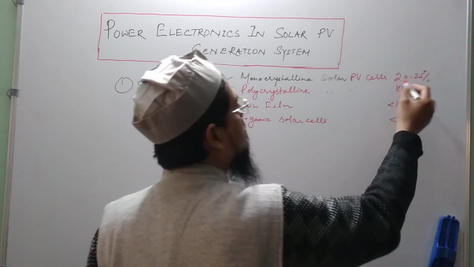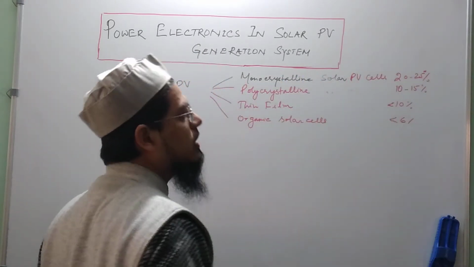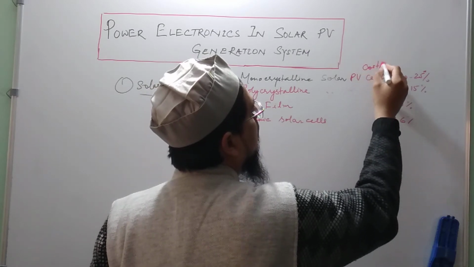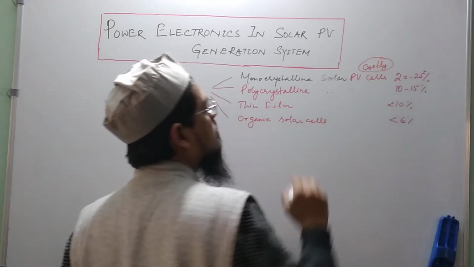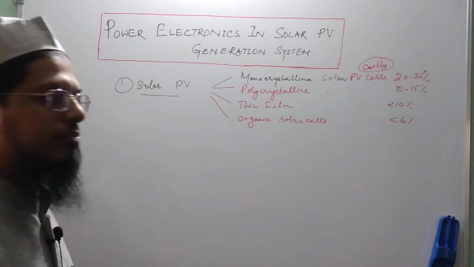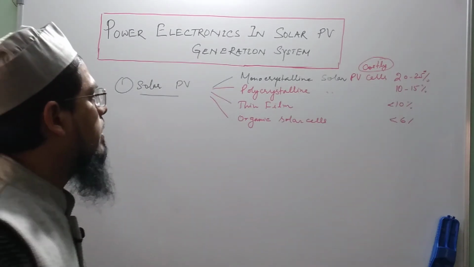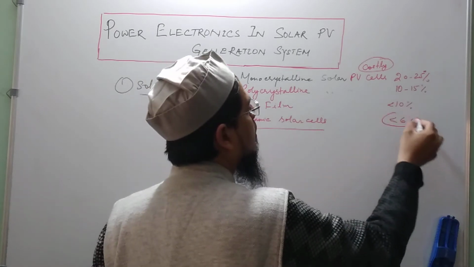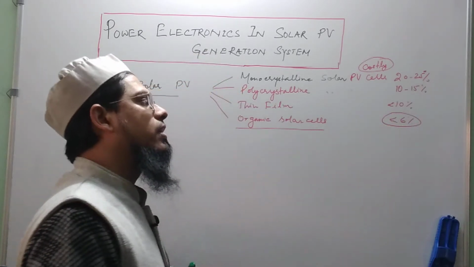So the highest efficiency is of monocrystalline technology, but it is the costliest. And that is the reason why organic solar cells are being developed, although the efficiency achieved is quite less.